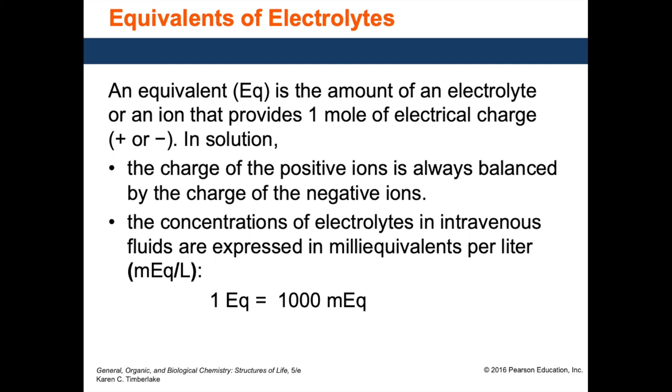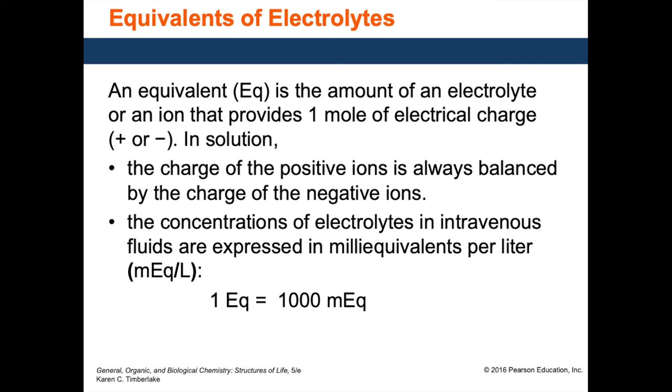I point this out because let's say you have calcium, whose ions have a 2+ charge. Well, you would need double the number of chloride ions because each chloride ion has only one negative charge. So in other words, your concentration of chloride would be double your concentration of calcium.